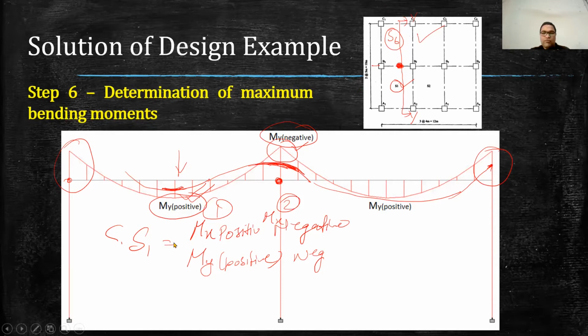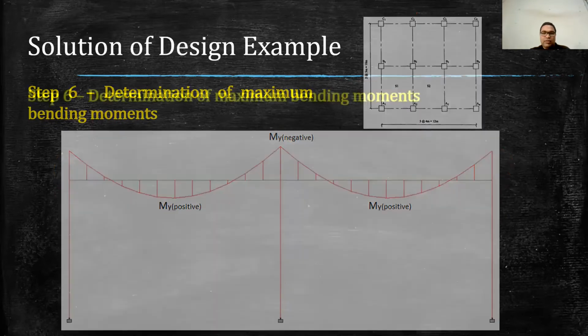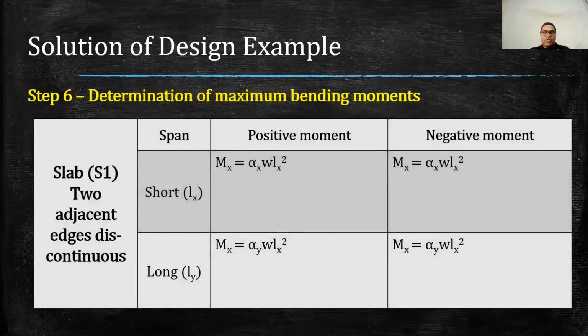Now we will see how we are going to calculate these bending moments using Table 26. I have made this table to show you the positive and negative bending moments for slab S1.